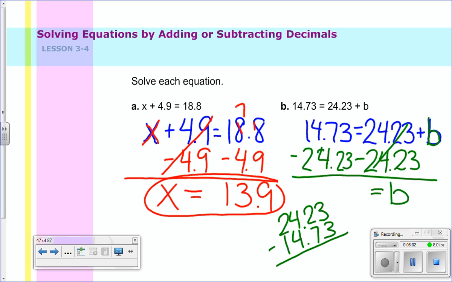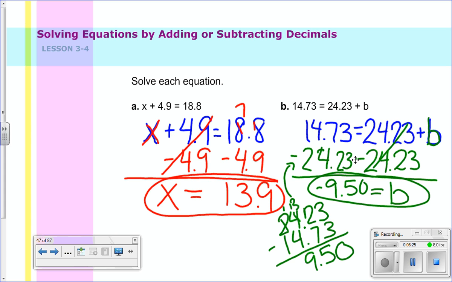So I take a look, 3 minus 3 is 0, and I'm going through it. And I get 9 50/100. So I take a look. Well, I know 24 23/100 is a bigger number because that was on top. And, well, that, if I go back up to here, was negative. So my answer is a negative 9 50/100.